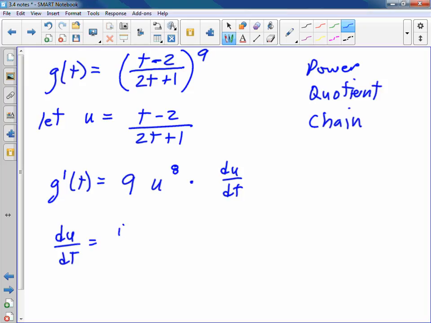Du dt equals, okay, 1. Oh, be careful. Okay, times the denominator, 2t plus 1. Okay. Minus 2 times. Oh, no, wait a minute.